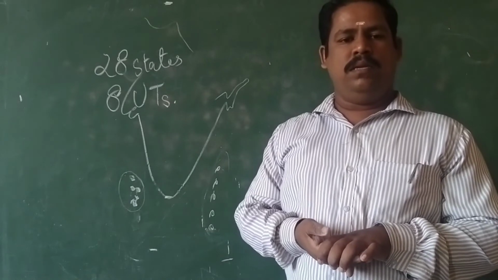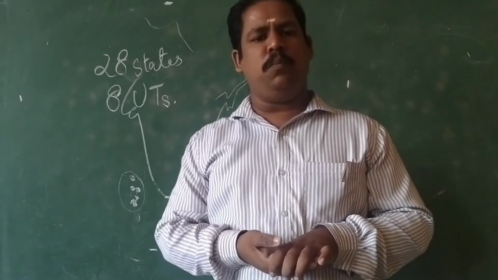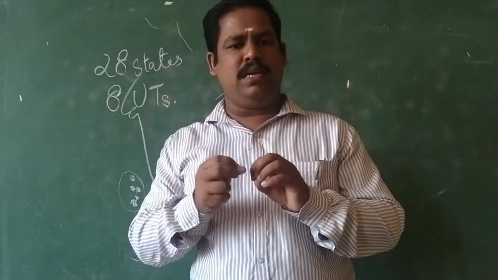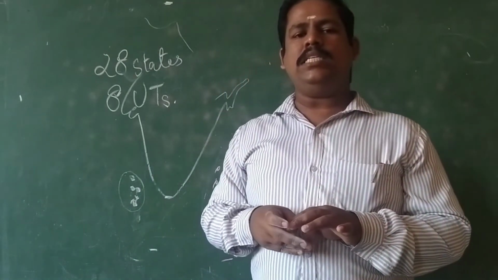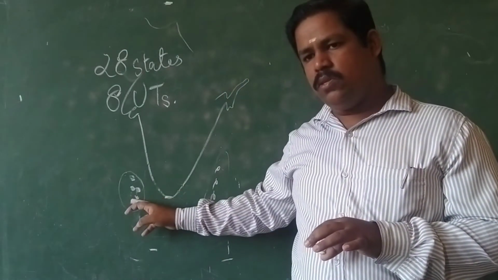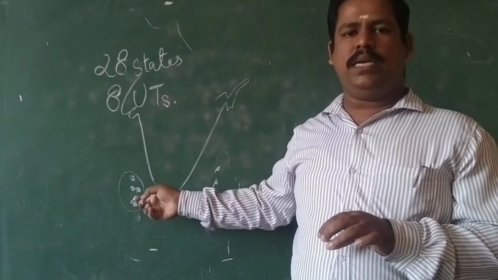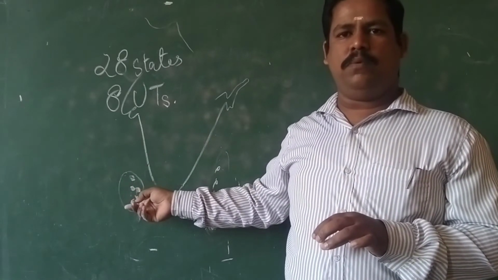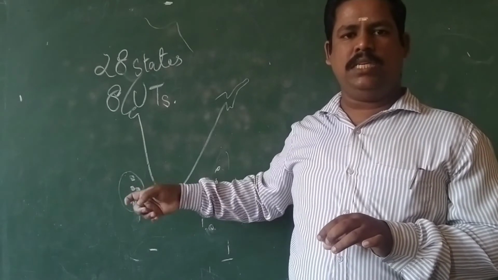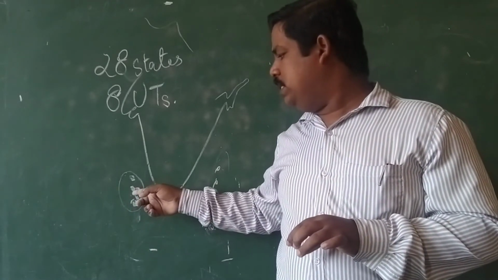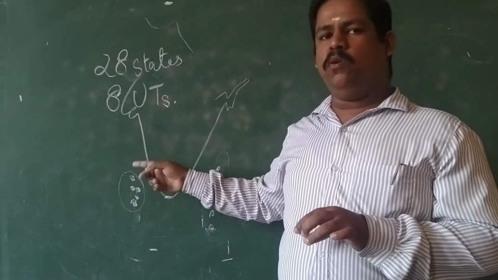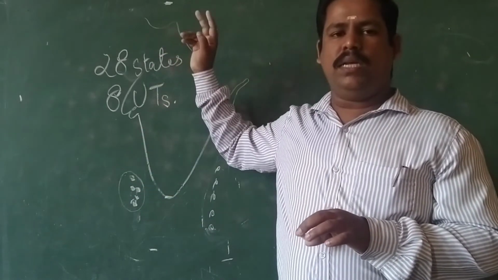Now, which union territory is least populated, meaning fewer people are living? The least populated union territory is also Lakshadweep, because it is a small union territory, around 32 square kilometers in area. But the most populated union territory is not Ladakh.